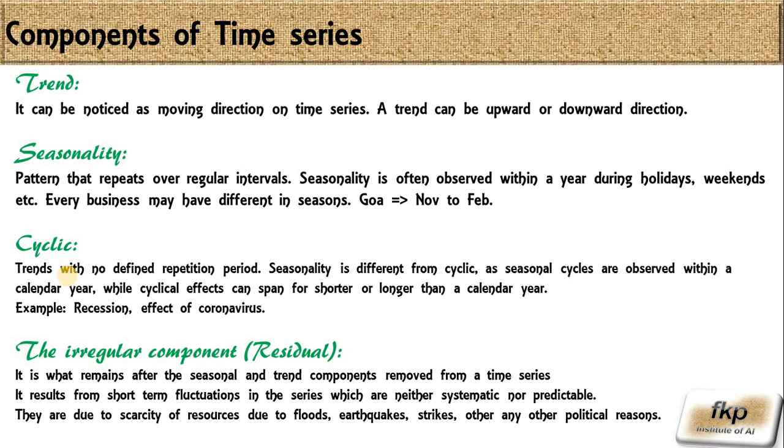Example: recession, the effect of coronavirus. Because of the coronavirus, all businesses got impacted, right? We cannot tell when this kind of situation will affect the business, so we cannot easily see the cyclic component on a time series.